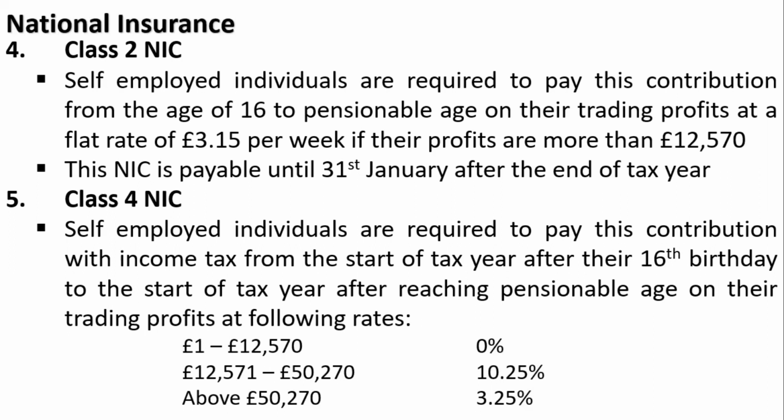He will also pay class 4 NIC based on the profits, but the rates are different. So rates will be provided to you. So it means any person doing business and having employees has to pay class 1 employer NIC, class 1A NIC, class 2 NIC, and class 4 NIC if all the conditions are met.